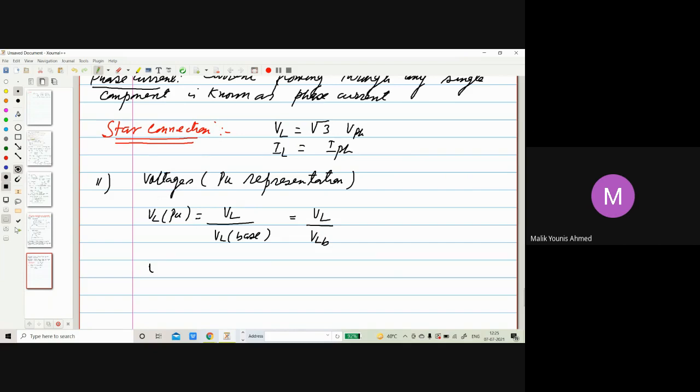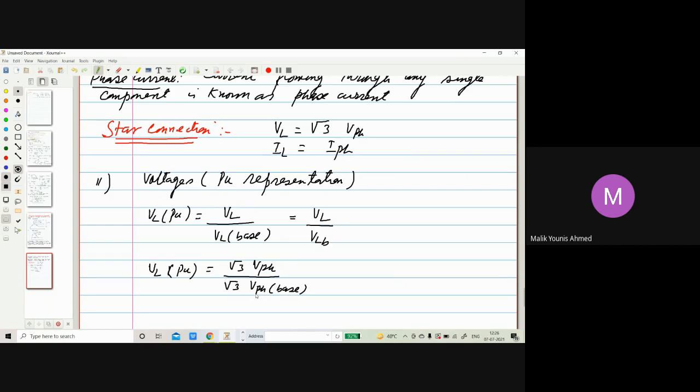Similarly, VL per unit, again we can write, what is the value of line voltage VL? Line voltage in terms of phase is root 3 V phase. What will be the base value? That will be also root 3 V phase base.